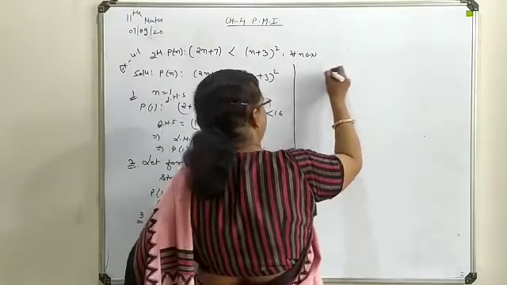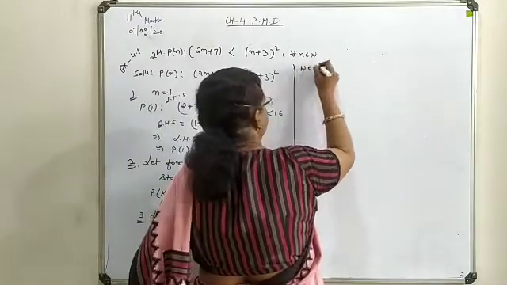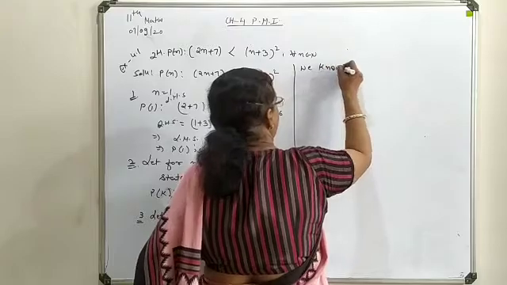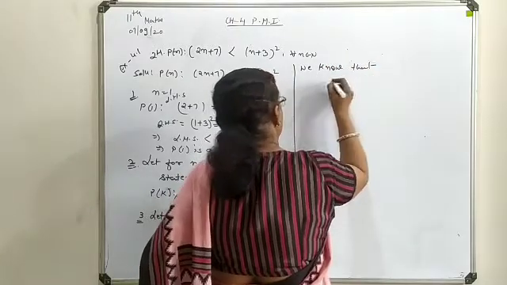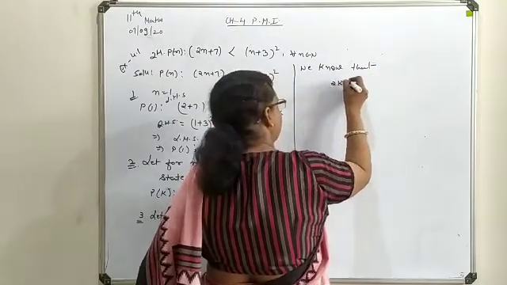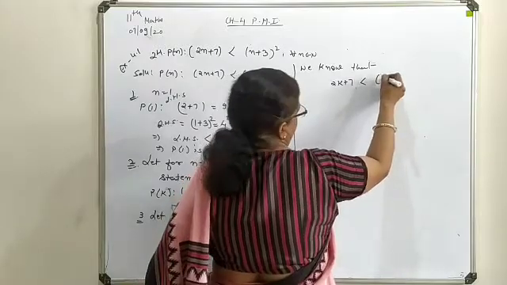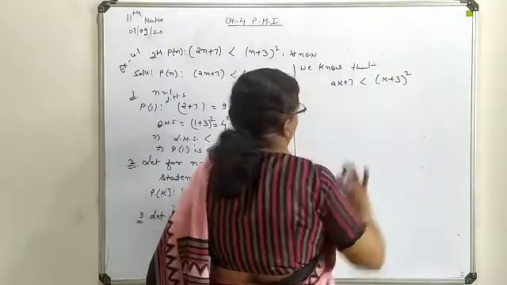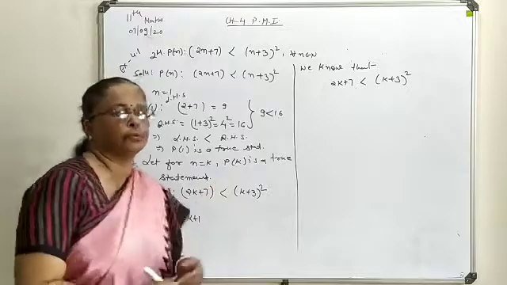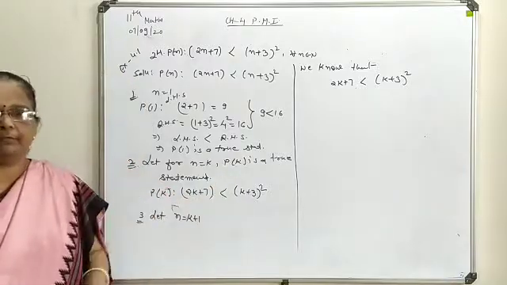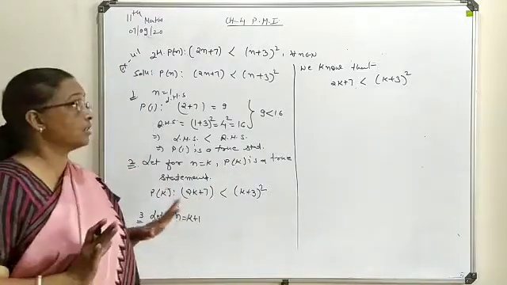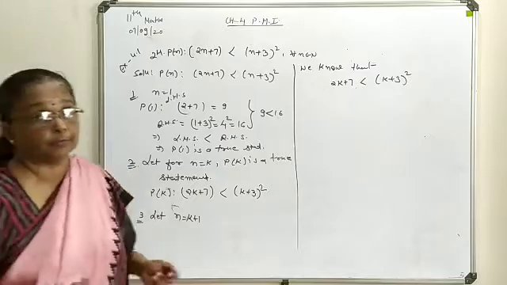We know that 2k plus 7 is less than k plus 3 whole square. Now what we want to prove is that it is fulfilled for k plus 1. That means, just for your reference, the term you have to produce.